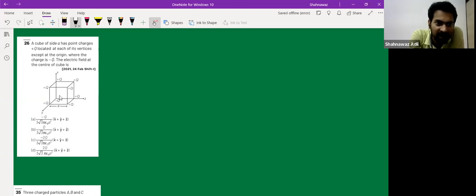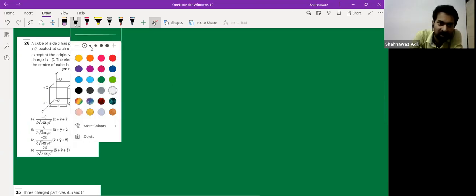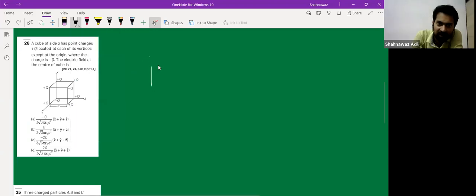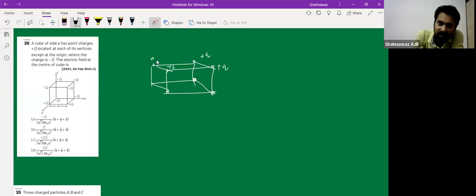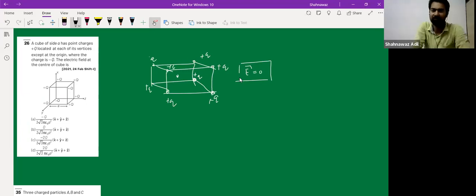So if all of these points had been plus Q, then at the center, the field would have been 0. Right, guys? But now you have a minus Q here.